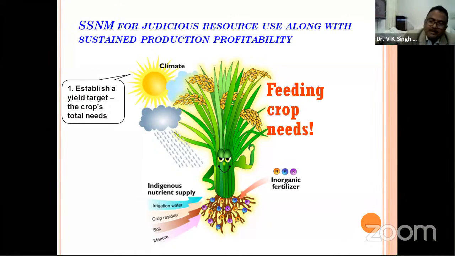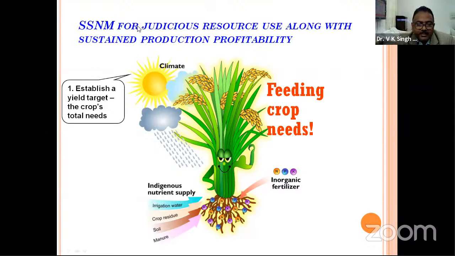So in that particular village, whatever is the maximum yield being achieved by a farmer, that we call attainable yield. And we set that as our yield target. Your farmer might be getting 5 ton only, but you can set a yield target of 8 ton because in the same village another farmer is getting it.